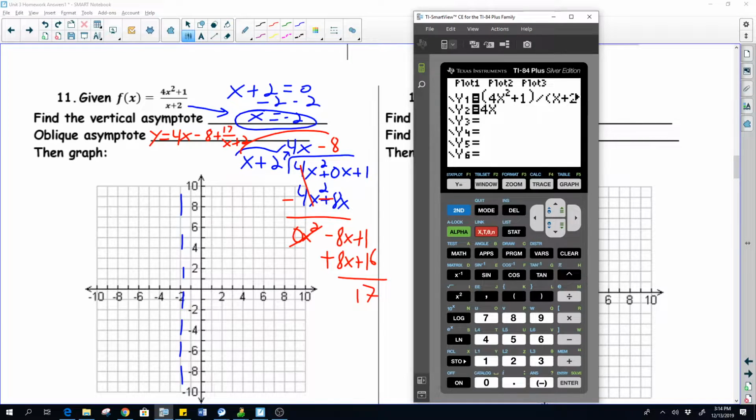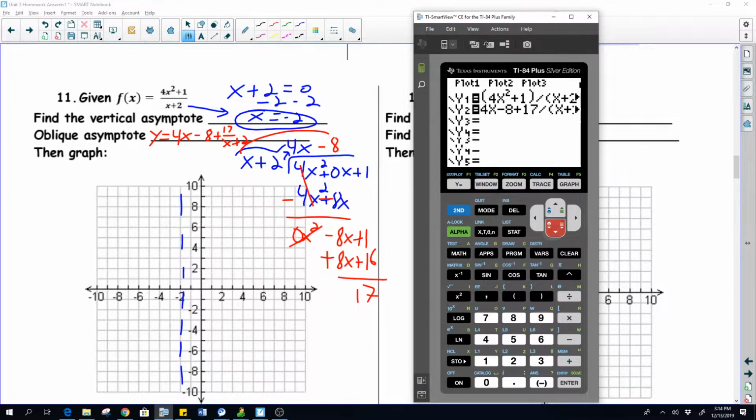So 4x minus 8. I think that'll be close, but I think we need to add the remainder in. Pretty close. If you want to be more exact, then we got to go ahead and add the plus 17 divided by x plus 2. So this is going to be our oblique asymptote. Or not.